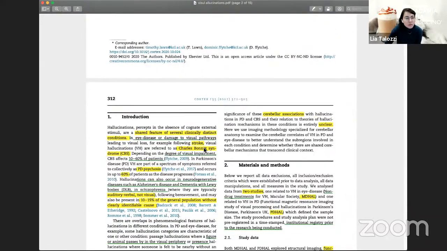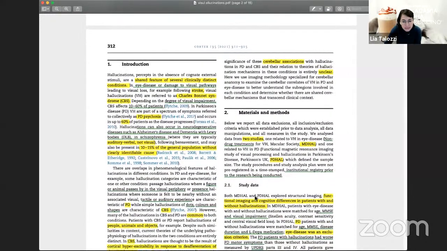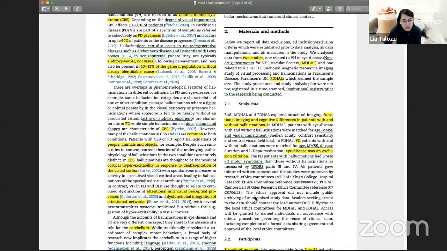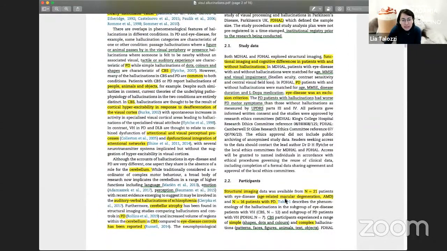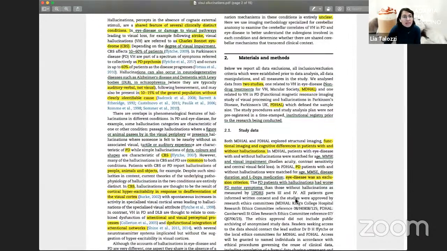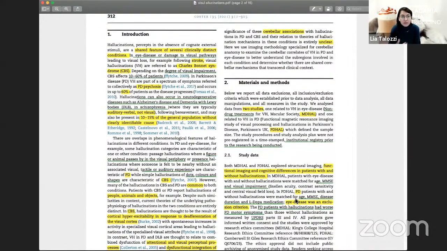They say it can be related to different causes in the visual pathway, for example after a stroke, or here in the study the patients have age-related macular degeneration, an eye disease related to retinal degeneration.